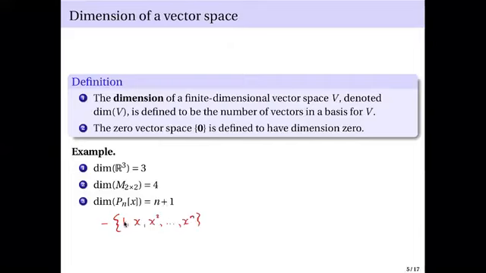From x to the n, that's n elements, and then you have the constant 1. So you have n plus 1 elements. So that's the dimension of Pn(x). Questions so far?